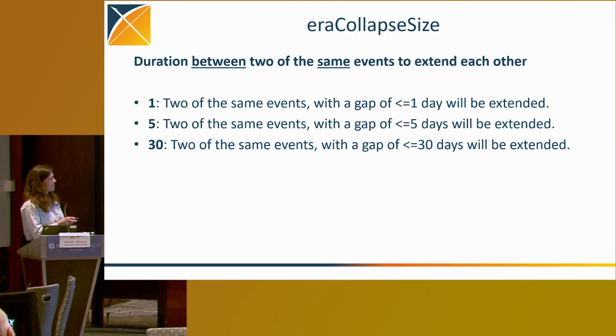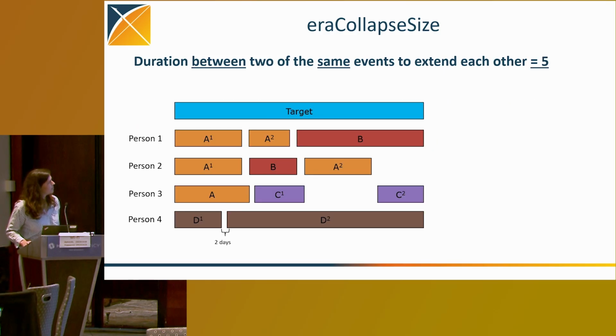Then there's another parameter which is called era collapse size, which allows you to merge event eras that are close to each other but similar. So here you specify the duration between 2 events of the same cohort and when they are considered as one and when not. So I'll just go to the example immediately.